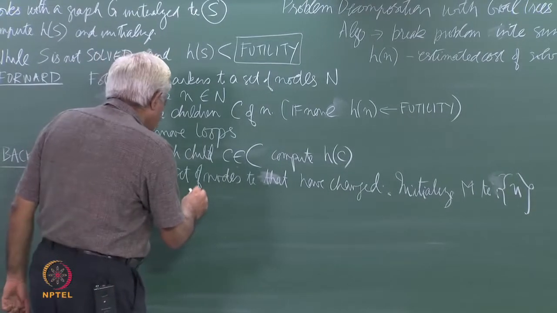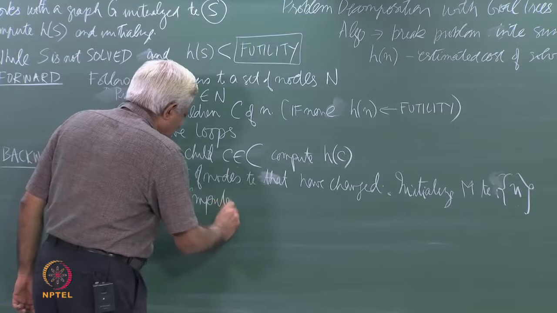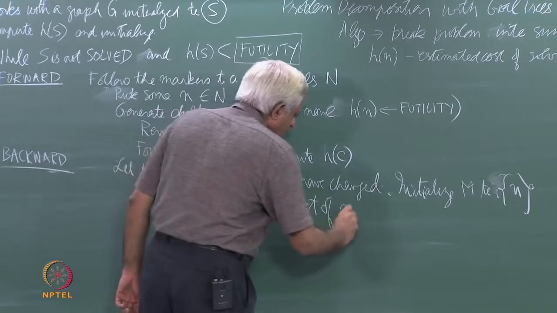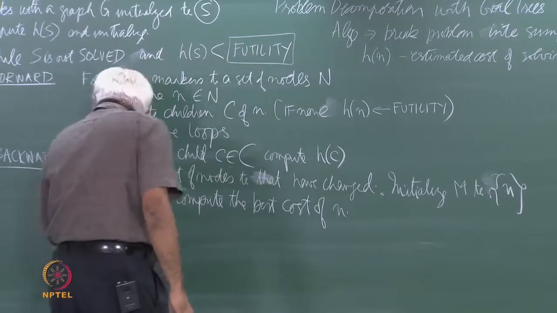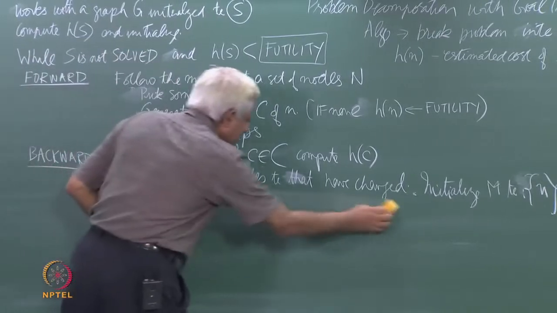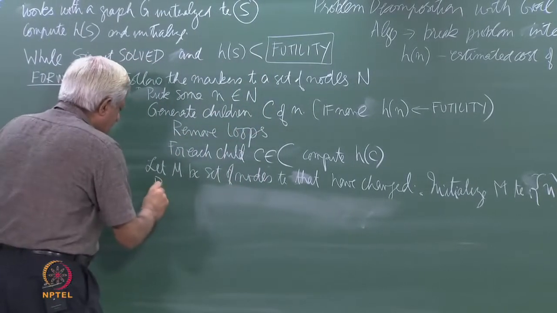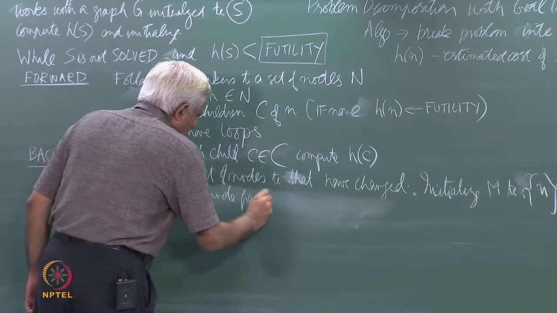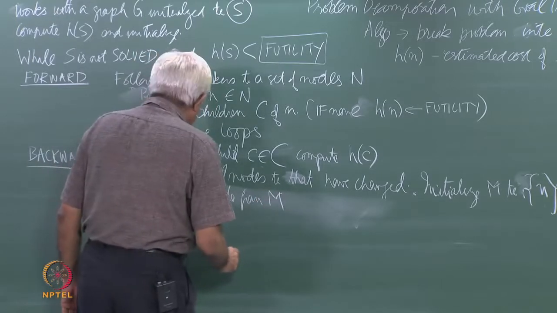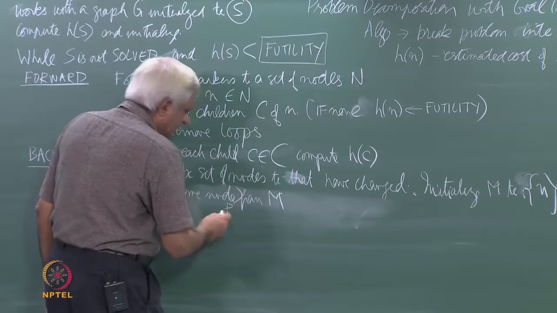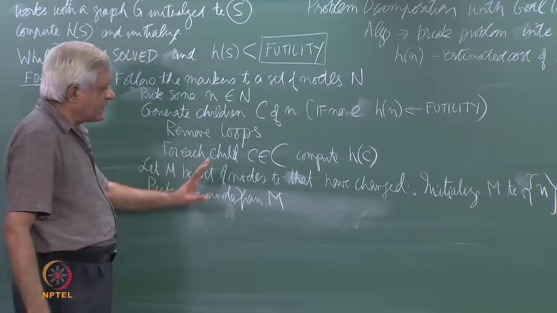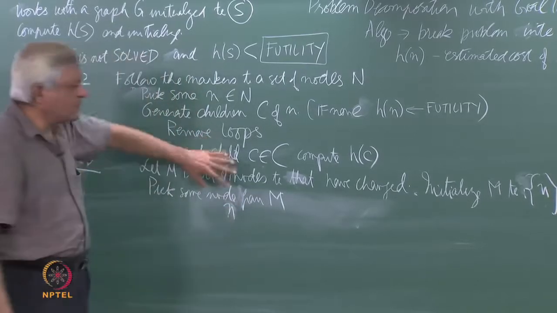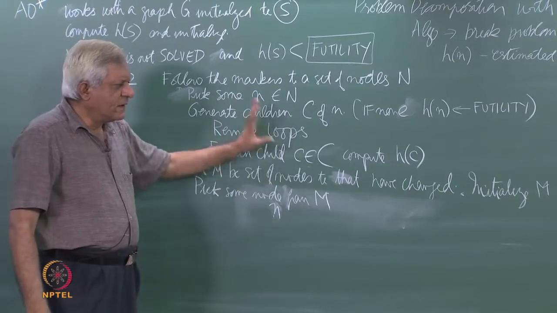It says that compute the best cost of n, okay, let us say pick, so let's say this node is P or something like that, or just to be consistent, let me use n, because I have just only put n into this M initially.